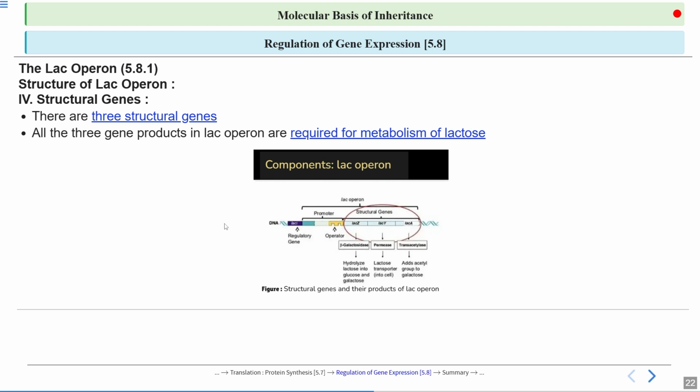Here you can see in the figure also, this is the regulatory gene, the gene which is going to produce the repressor protein. Then this is the promoter part. Then this is the operator, which is just adjacent to the promoter, and then this is the structural gene.